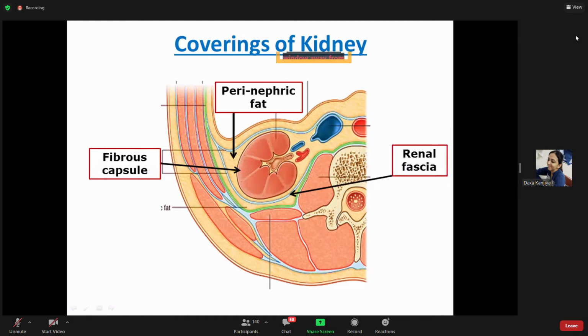And most outside, this yellow colored tissue is the paranephric fat or pararenal fat. So these are the four coverings. From inside out: fibrous capsule, perinephric fat or perirenal fat, renal fascia, paranephric fat or pararenal fat.